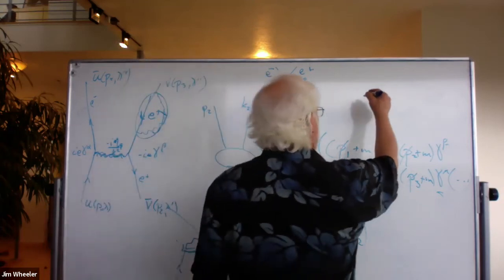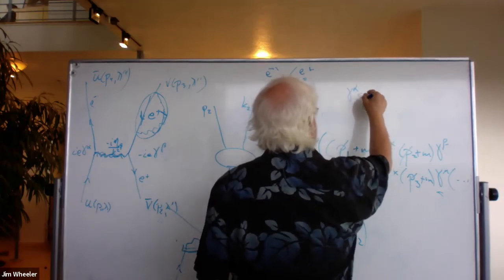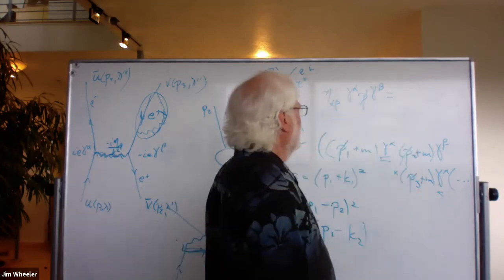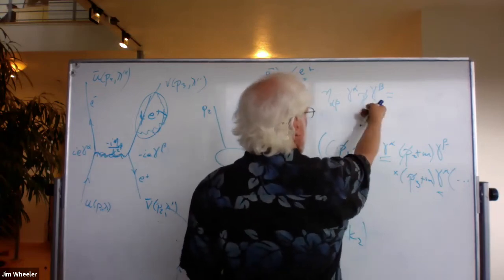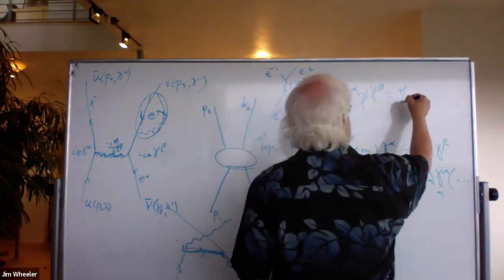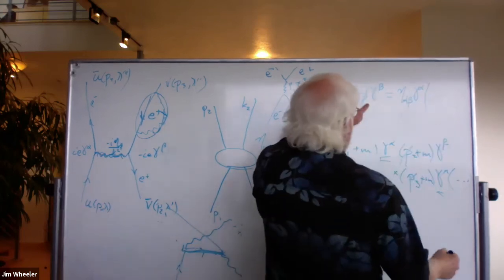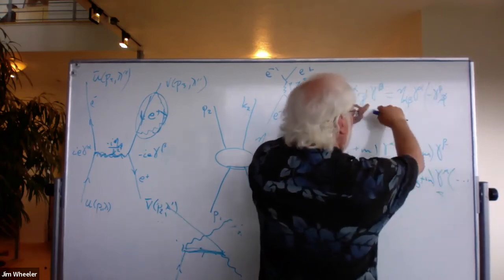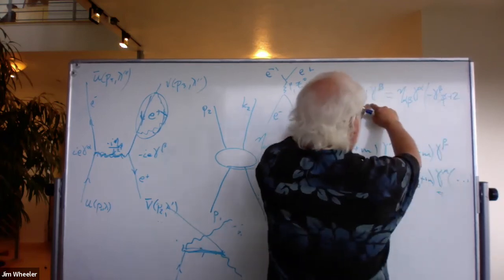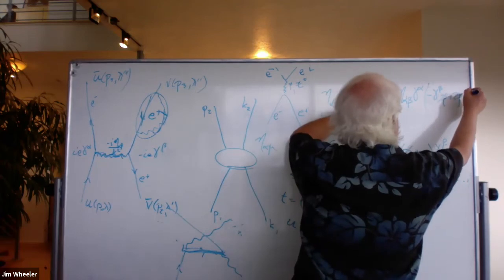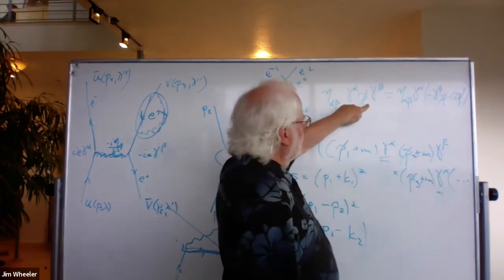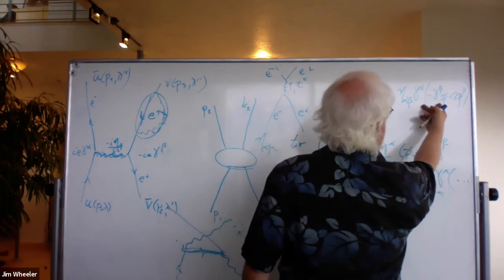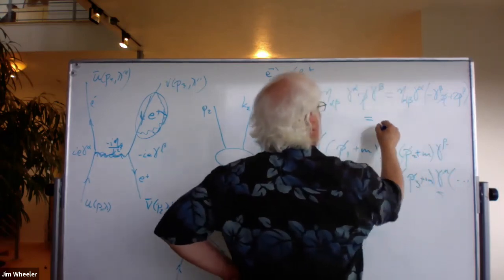Well, it's easy to show that gamma alpha P slash gamma beta eta alpha beta is what? Well, you permute these two, right? So you have eta alpha beta gamma alpha, then you get two terms here. You're going to get a minus sign if you flip them, or if they're the same gamma, you're going to get twice an eta, which is going to put that beta on that P, so you get a P beta. So you get something like this, and then you can work this alpha back to the other side.